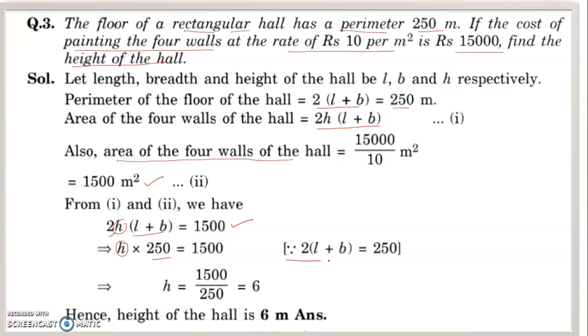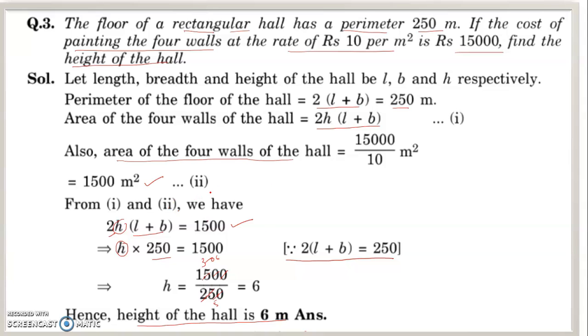I have written here also, because twice length plus breadth is equal to 250. This 0 and this 0 cancelled. 5 5s are 25, 5 3s are 15, 5 0s are 0, 5 1s are 5, 6. So height is 6 meter. Hence the height of the hall is 6 meter.